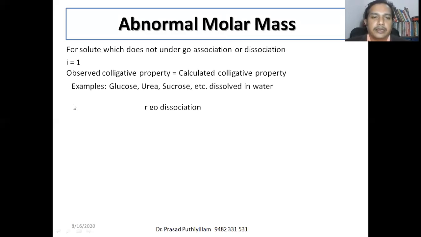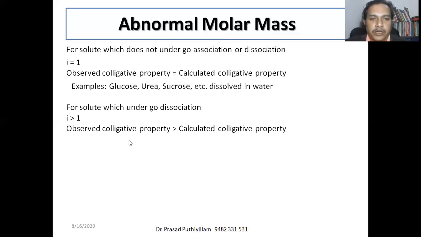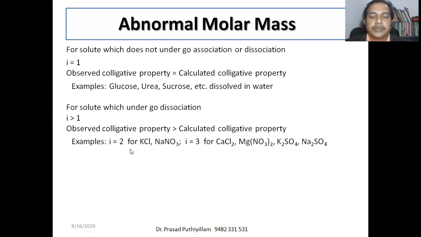Let us take the example of dissociation. When the solute molecule undergoes dissociation, it is split into 2 or 3 ions. Then the i value is always greater than 1, and the observed colligative property is greater than the calculated colligative property. For example, i is equal to 2 in the case of potassium chloride or sodium nitrate, which split into 2 ions.